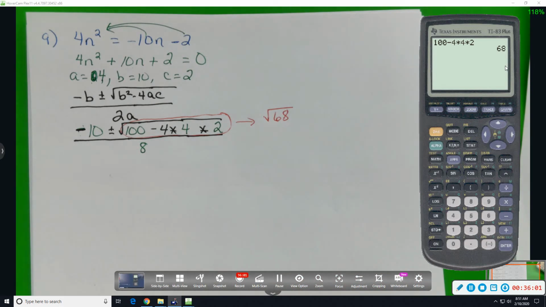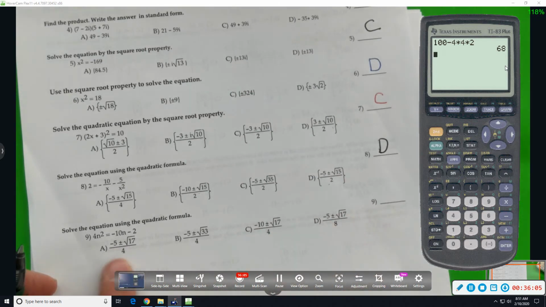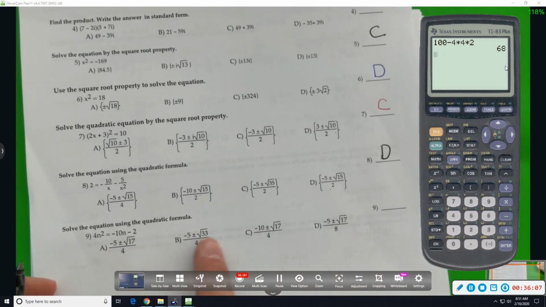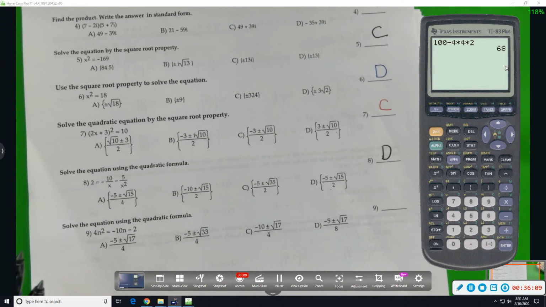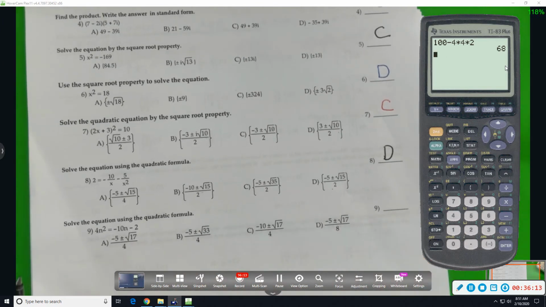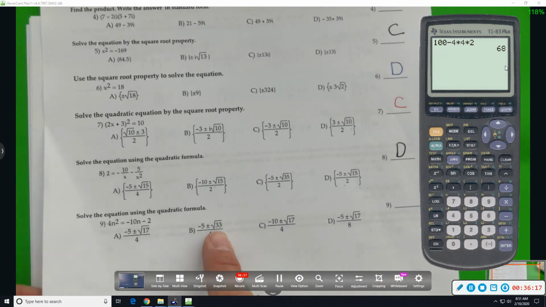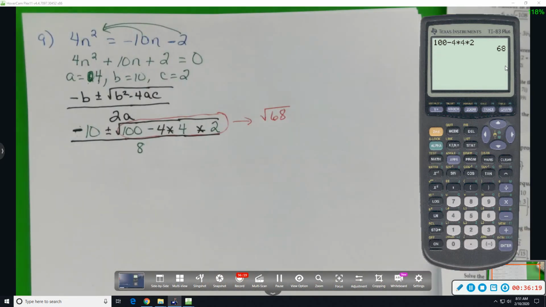How do I know? Well, there's no 68 in the answer choices. In fact, odds are 3 to 1 that what number's under that square root? 17. Really, either a 17 or a 33. I say 33 because, can y'all see that? 33. So let's see, 17. Does 17 divide evenly into 68?